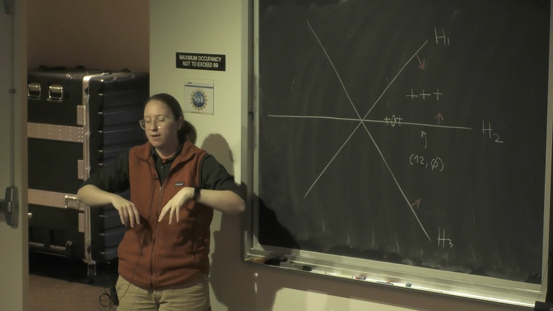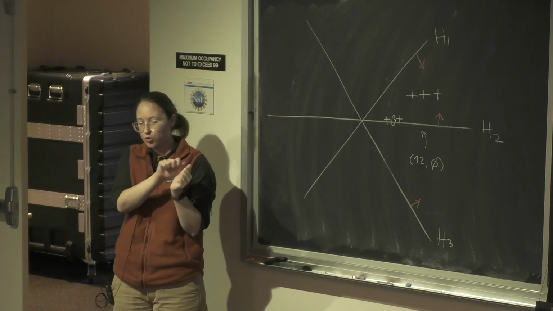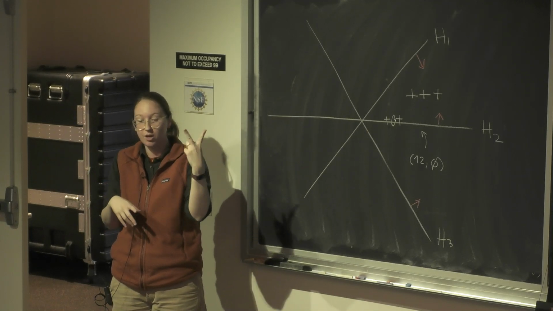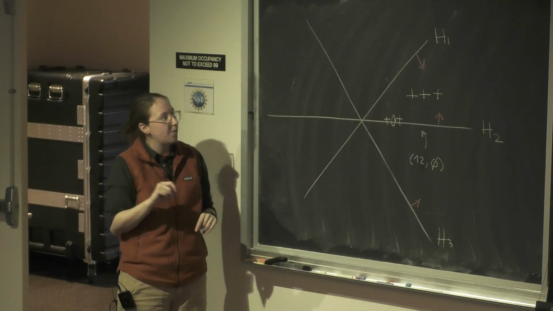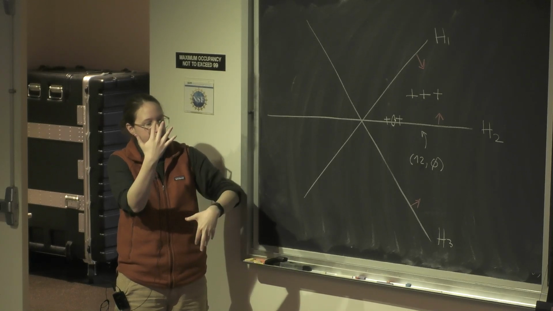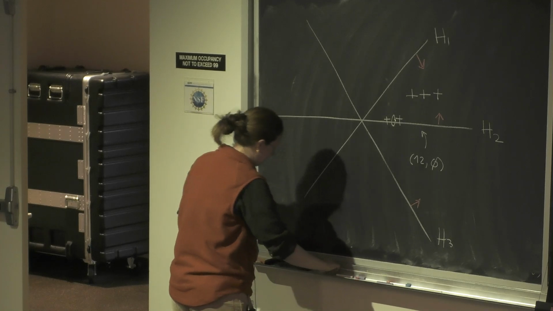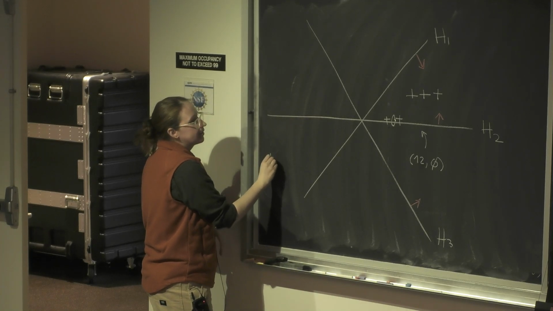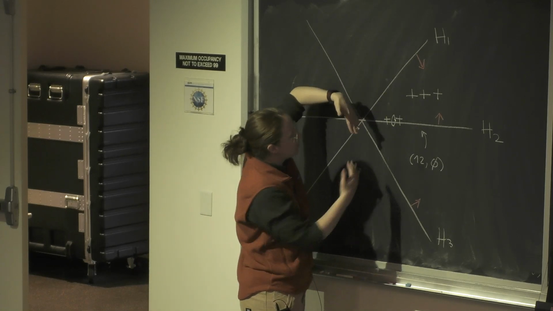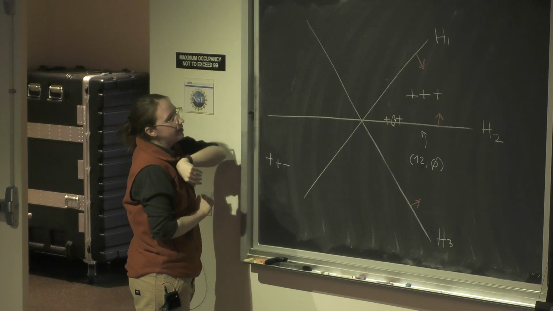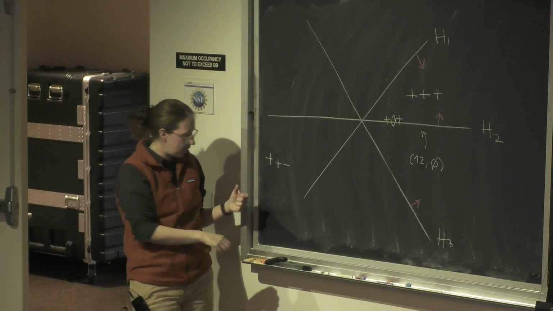But there's only 6 chambers here, and 2 to the 3 is 8, so there's 2 sequences of pluses and minuses that theoretically should never appear. If you try and intersect those half spaces, they're going to be empty. You can think of taking plus, plus, minus, and you would take the intersection of H1, H2, and then the wrong side of H3, and if you think of these as open half spaces, that thing is empty.